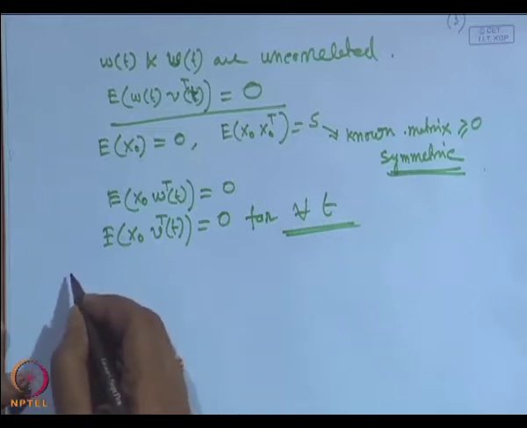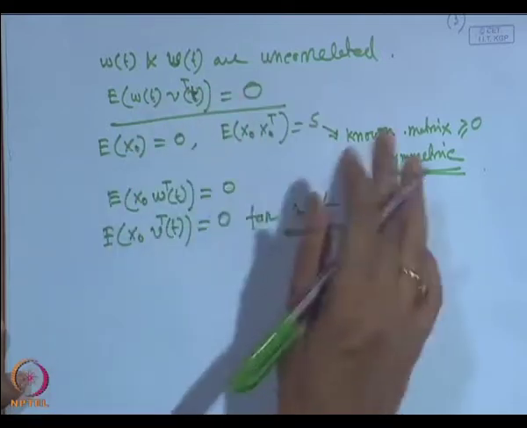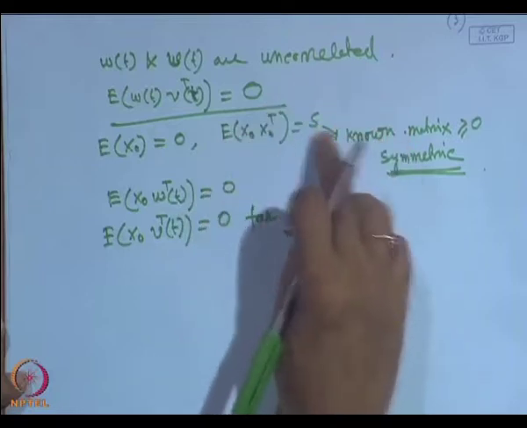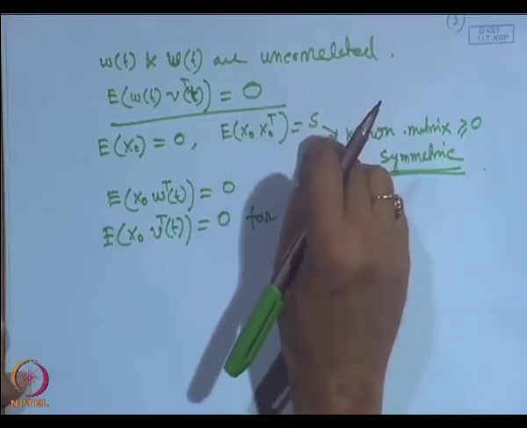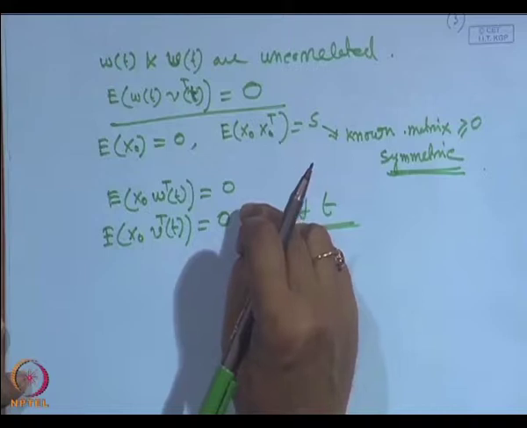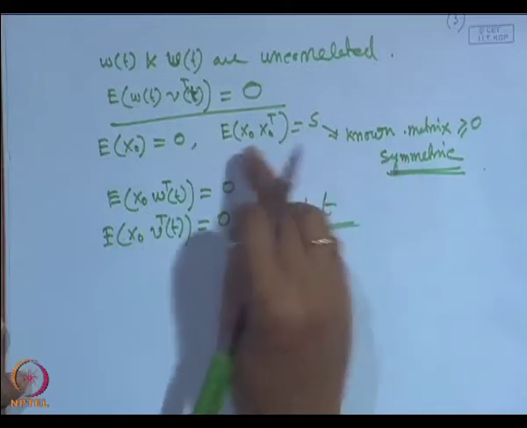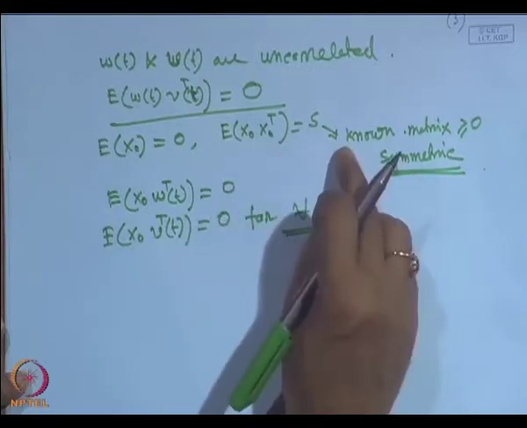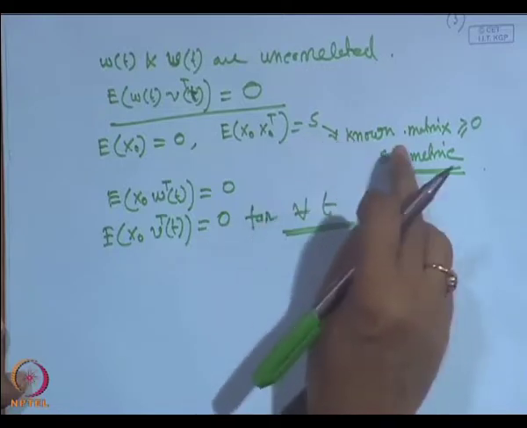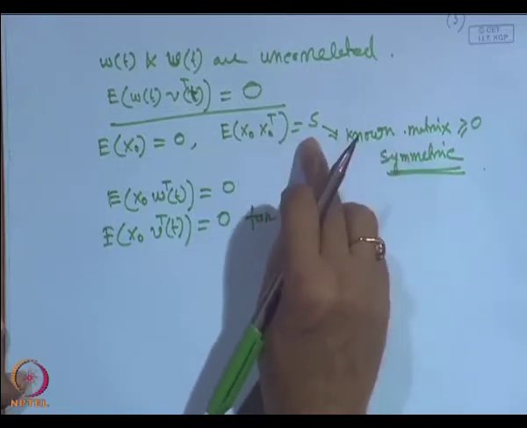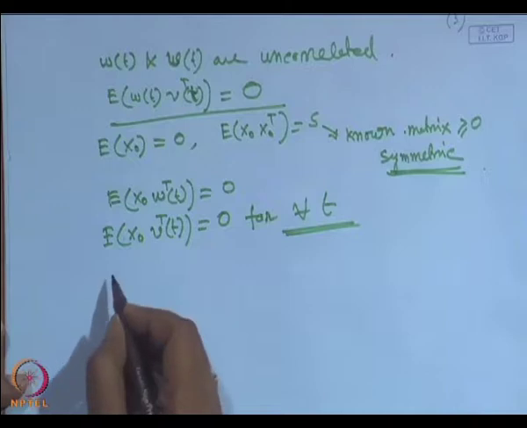There are further characteristics: the input noise covariance matrix, the output noise covariance matrix, and the initial state covariance matrix are known to us.